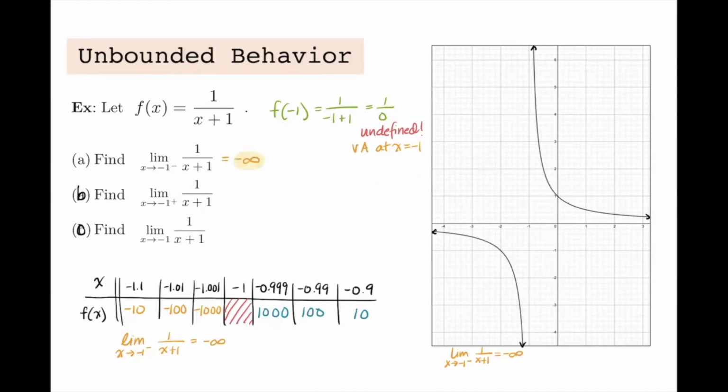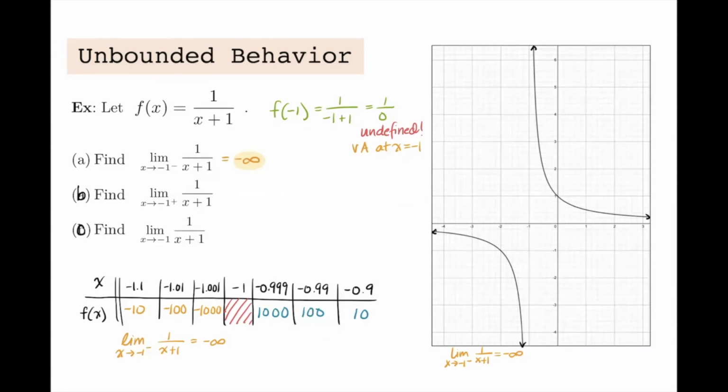For part B, we're looking at the other direction, as x approaches -1 from the right-hand side. Well, judging from our table, we see that as we get closer and closer to -1, our y values are getting larger and larger, but this time they're all positive. They're not approaching a certain finite value. They're just exploding and getting larger.